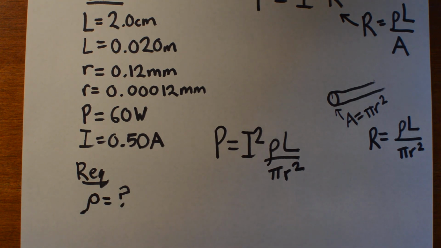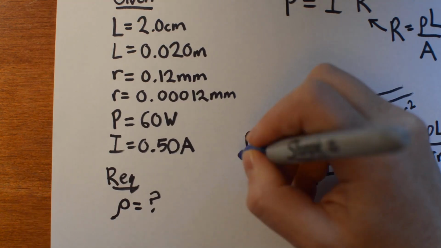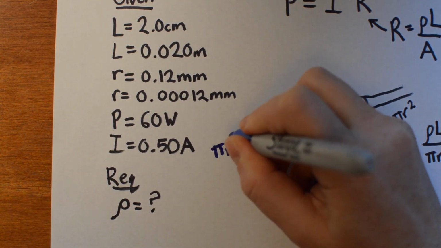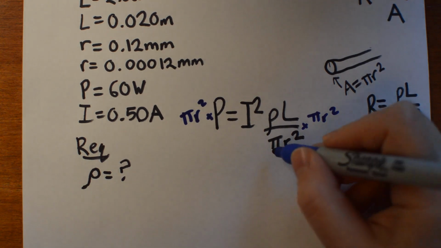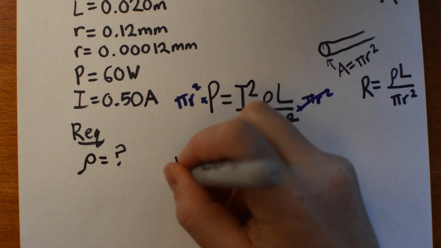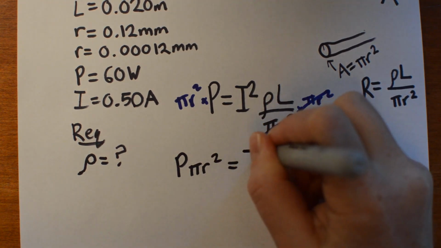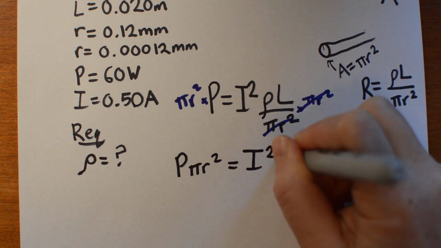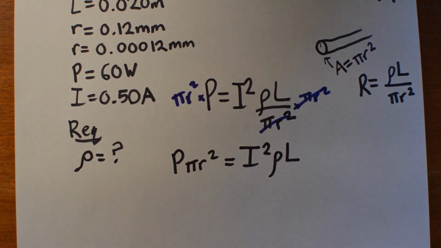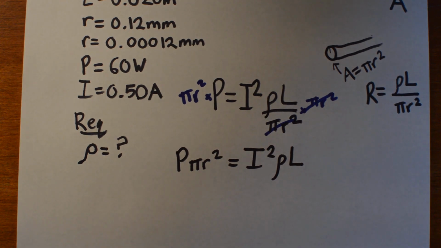First let's get the pi r squared off the bottom, so we can multiply both sides by pi r squared. That gives me power times pi r squared on that side, and I squared times rho times L over here. Then next, I want to get rid of everything that's being multiplied by the rho.